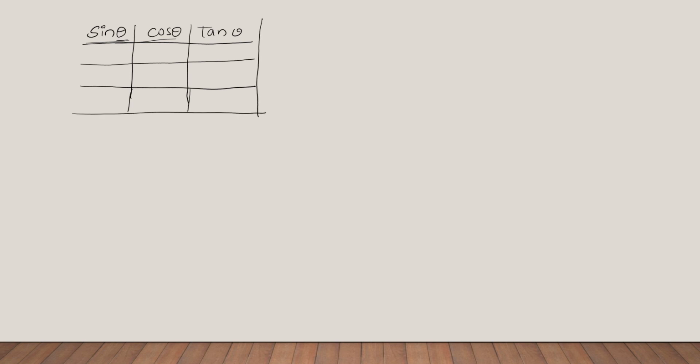If you can frame this small table and remember it, you can solve any problem related to exercise 1. Okay, so you need to remember this particular table. So let us see this.